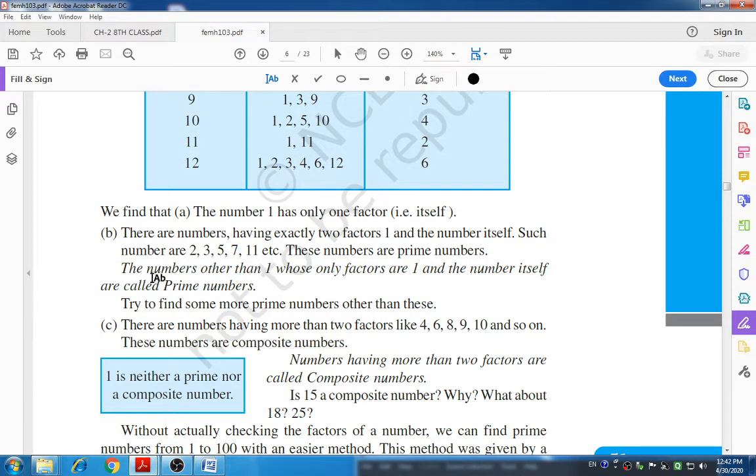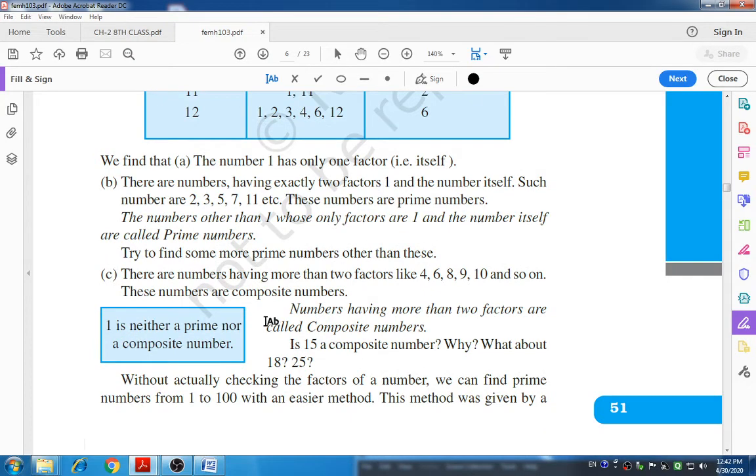The numbers other than 1 whose only factors are 1 and the number itself are called prime numbers, such as 2, 3, 5, 7 and 11. But 4, 6, 8, 9, 10 have more than two factors, so these are composite numbers.